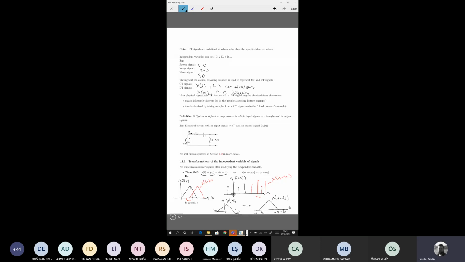So this is t. This is a general way, and depending on t0, the signal may be shifted to the left or to the right, and we will see more and more examples.